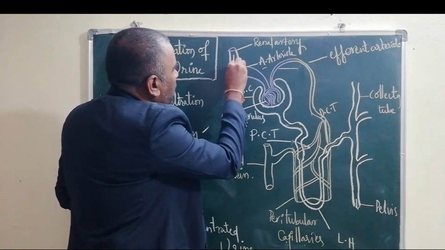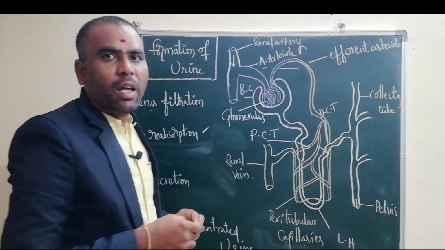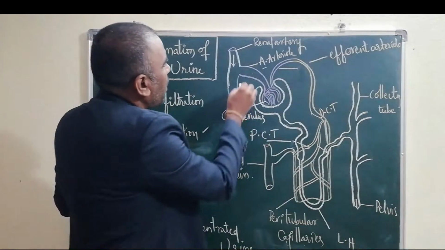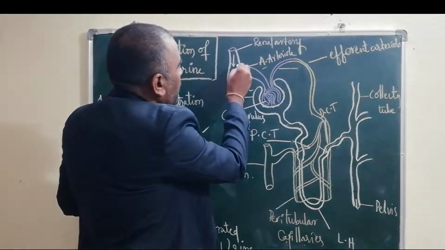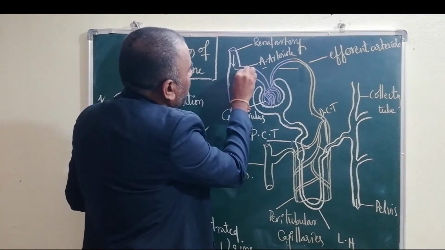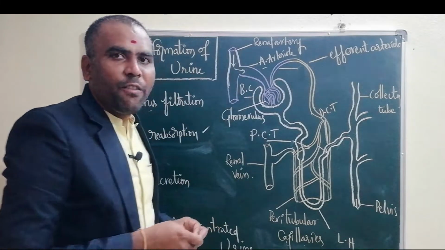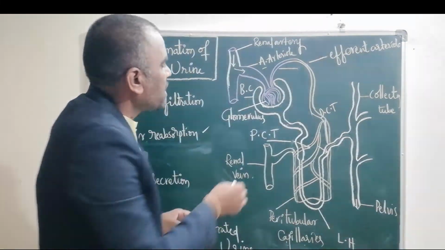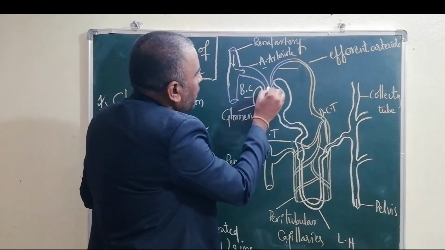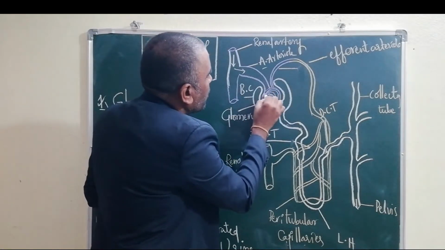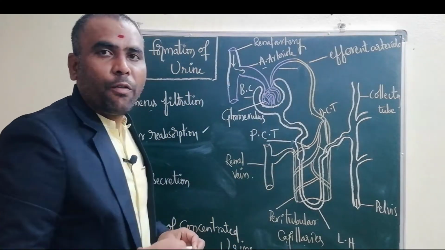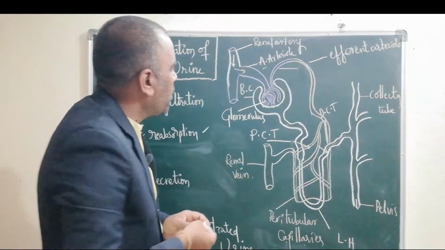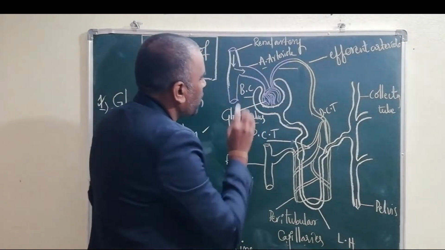When the blood passes along the renal artery, which has a number of branches, the blood enters the afferent arteriole. The afferent arteriole forms a bunch of fine blood capillaries, which we call the glomerulus.